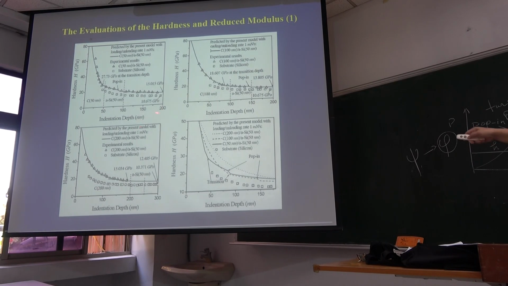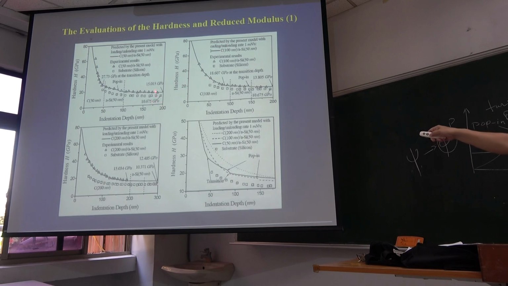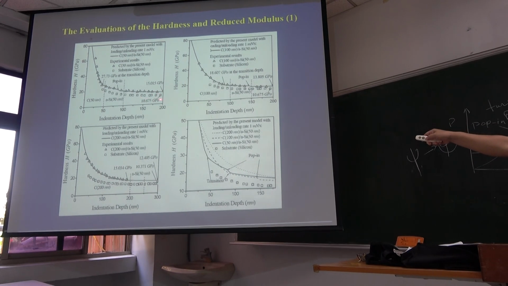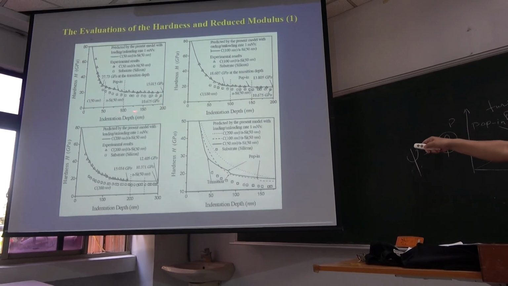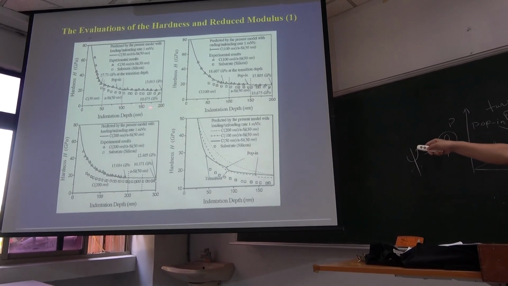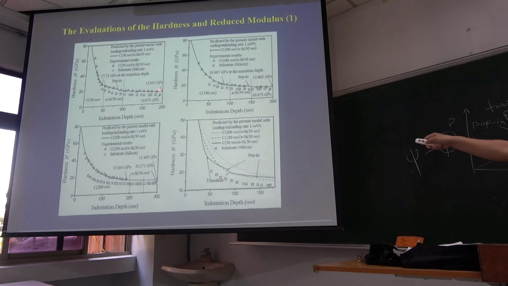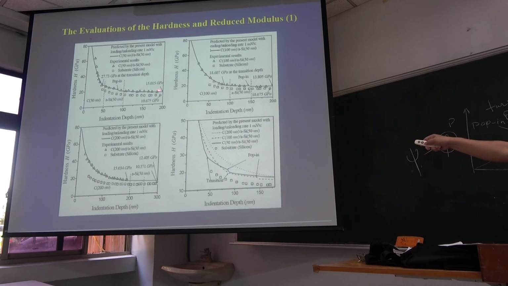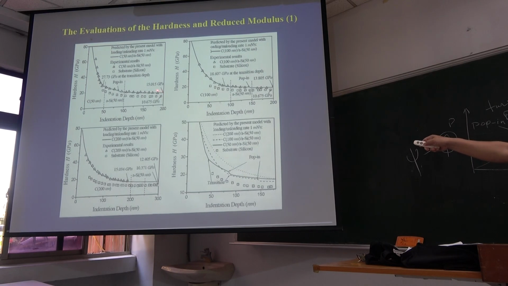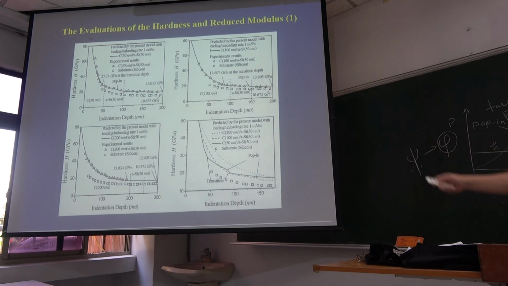And then here you find this triangle data is very close to the square data. It's the mean data if your indentation depth is sufficiently large. You will find that your experimental data of your composite film is much influenced by your substrate.